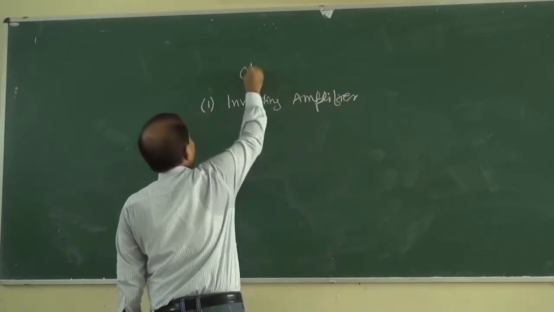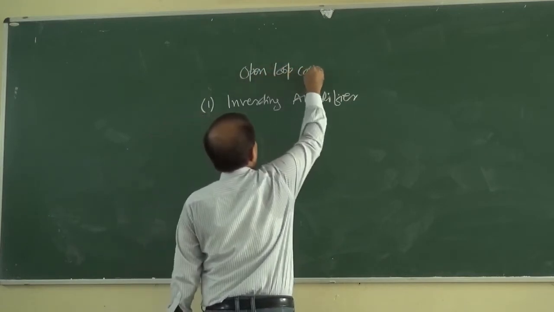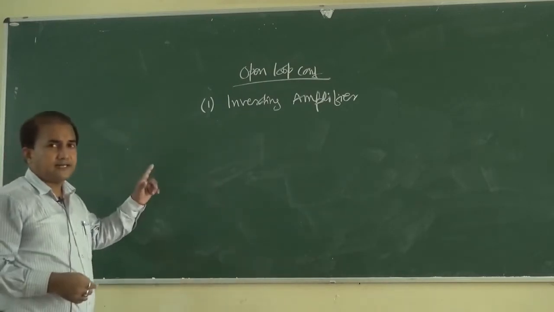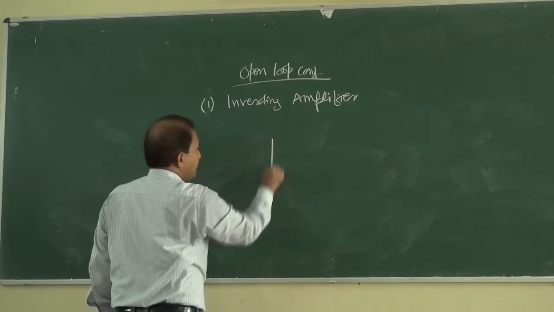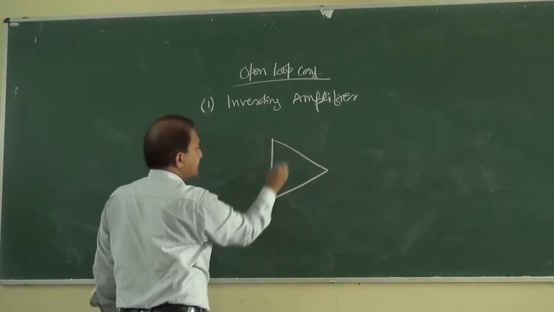This is in open loop configuration. Open loop configuration, the first configuration that we will see is the inverting amplifier. First of all, we will see the circuit diagram.